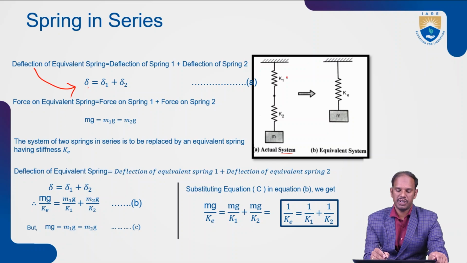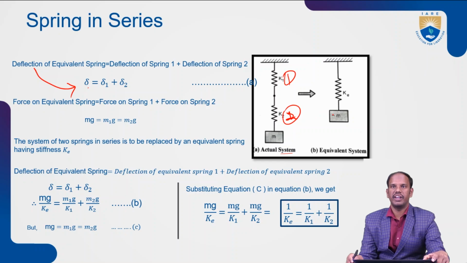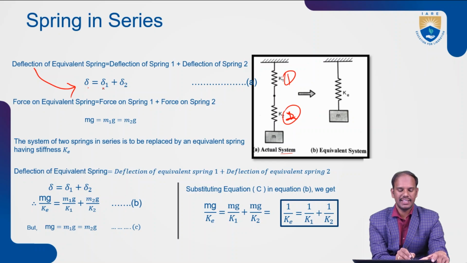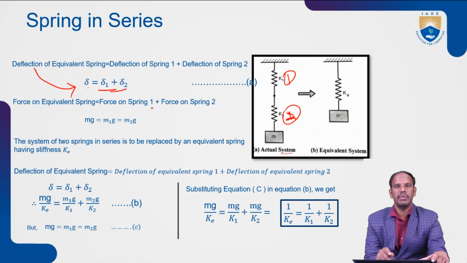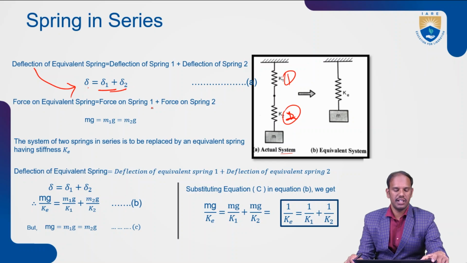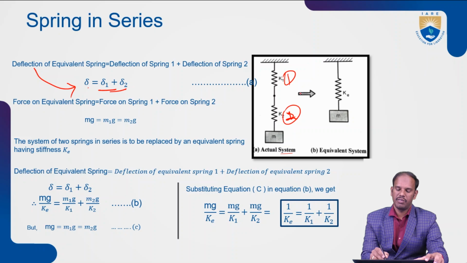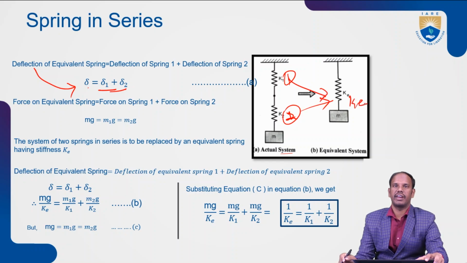The deflection of springs 1 and 2 we can calculate as the summation of the displacements of 1 and 2. So by simply adding these two spring constants, we can write them as only one equivalent spring, K equivalent.